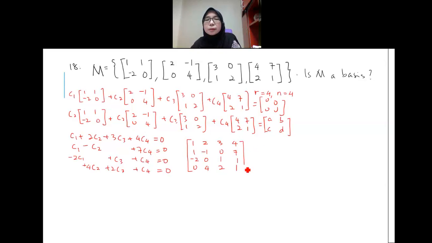Okay, and variable C1, C2, C3, C4, and constant matrix 0, 0, 0. But if you choose spanning equation, the linear combination of spanning, this is not 0, 0, 0. You should write A, B, C, D. Okay.